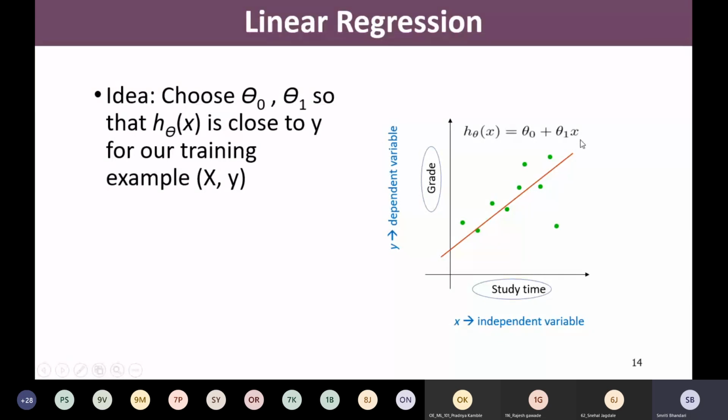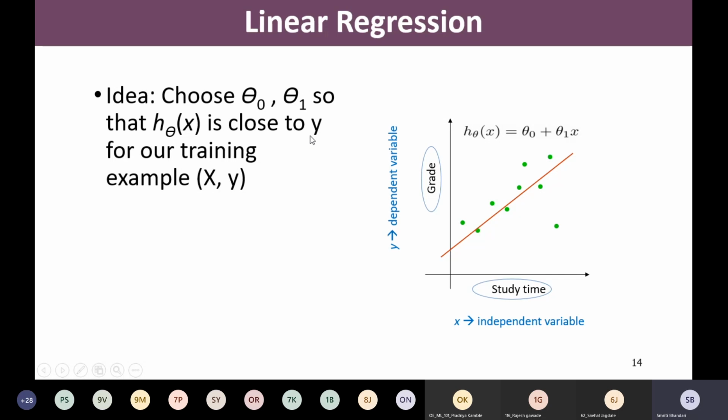So ultimately we need to choose appropriate parameters theta 0 and theta 1, such that my hypothesis h theta x is very close to y, given the training examples of the form x comma y.